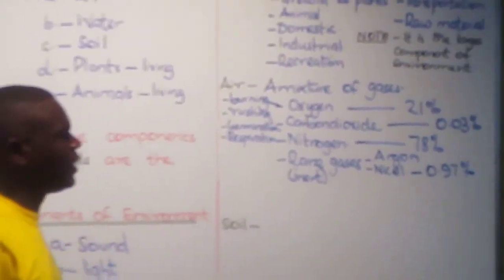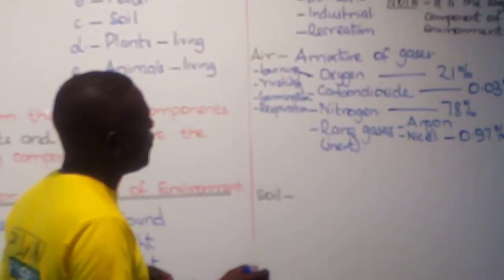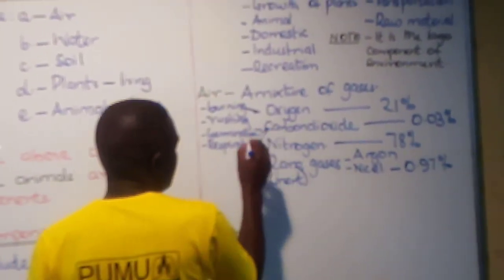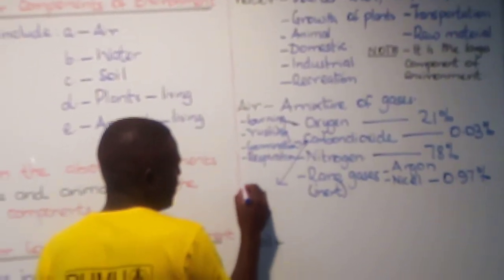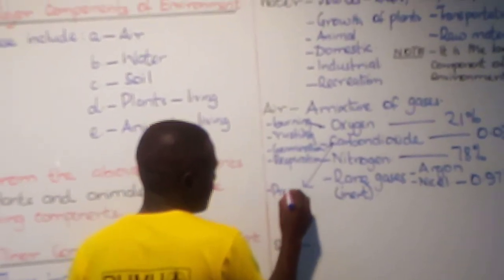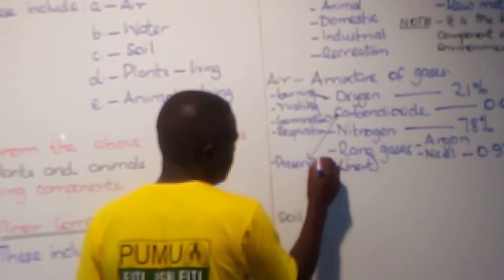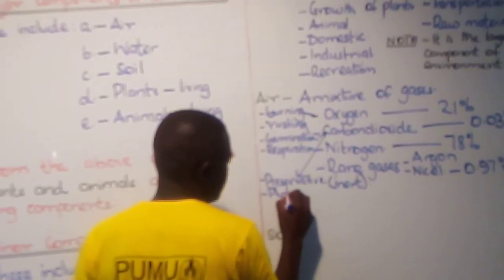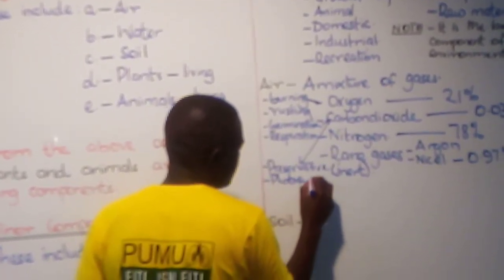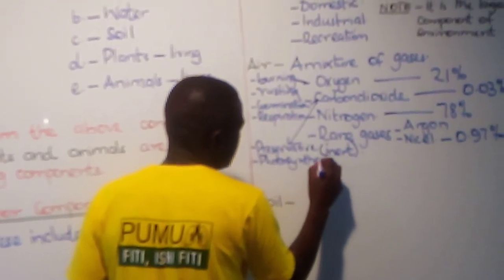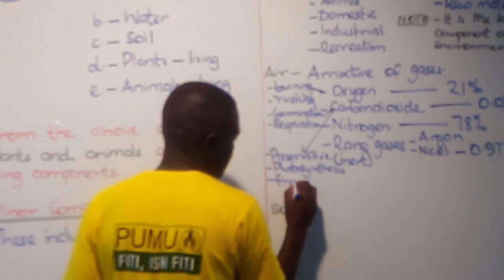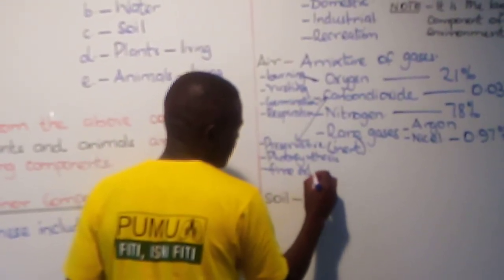That's oxygen alone. Now when you talk of carbon dioxide, carbon dioxide is a preservative for preserving. It's needed for photosynthesis. It's needed for fire extinguishers.